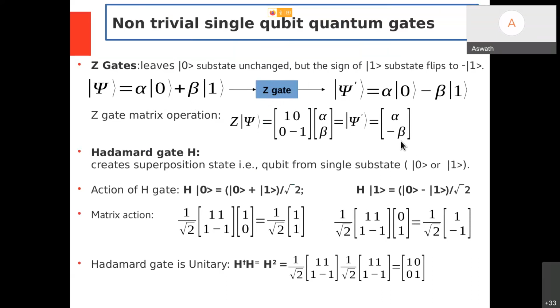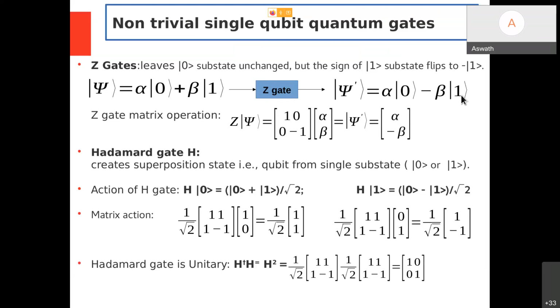By trial and error, you can always guess the corresponding matrix. That is the identity matrix with just the last element replaced by -1. So that is called a Z gate. It is a phase gate. It induces a phase to the excited part of the quantum state. Okay, right?